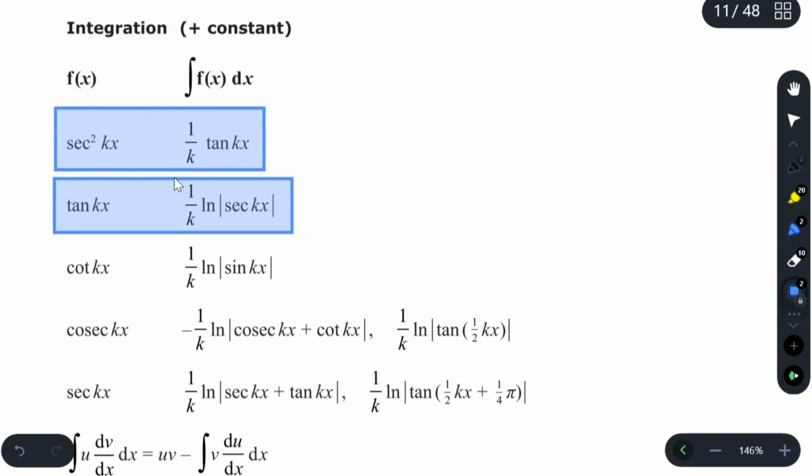Now here are the results for integrating sec squared and tan. Integrating sec squared, we end up with tan, and integrating tan, we end up with the natural log of the mod of sec.